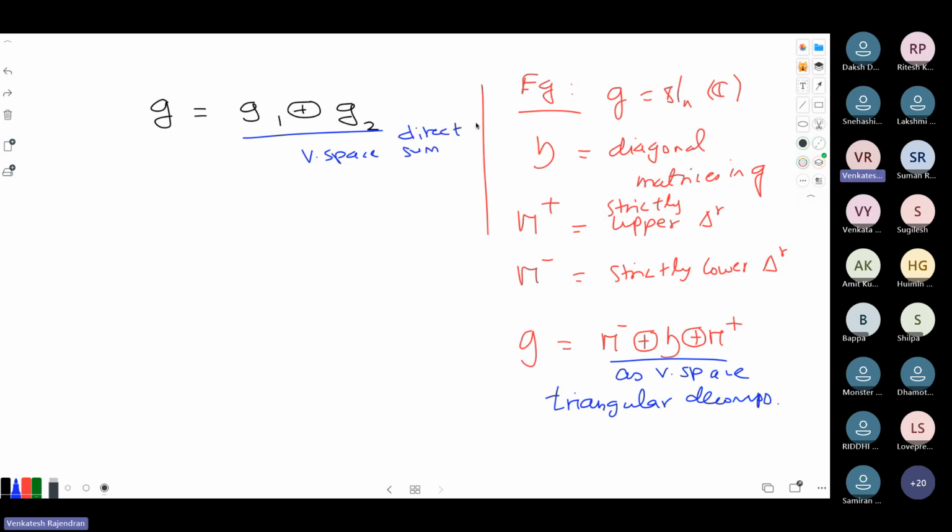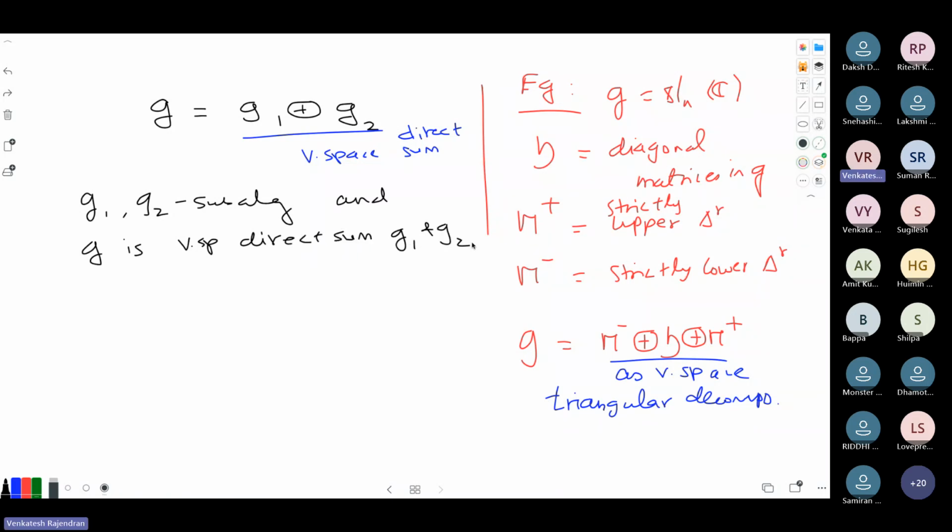So then what can you tell about this UG? So you can actually talk about a copy of, okay, so let's say here G1, G2 are subalgebras, and G is the vector space direct sum of G1 and G2.